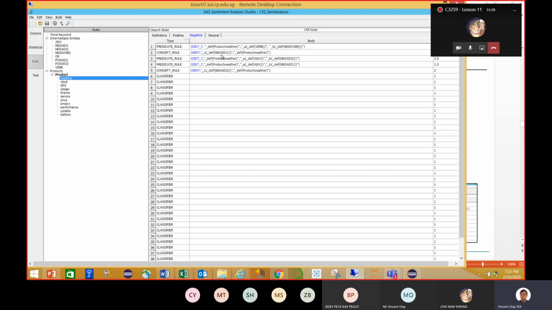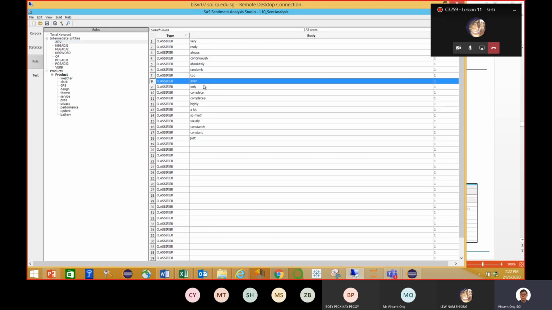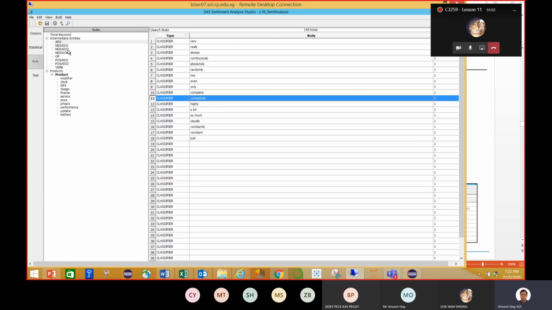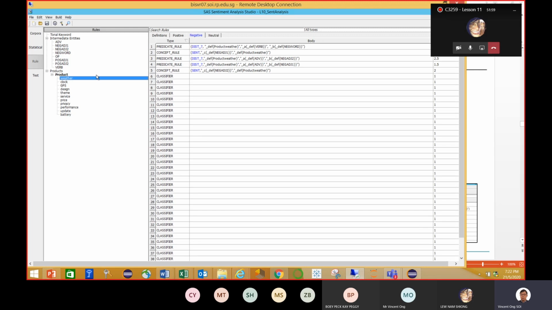So what does this contain? This is actually found in the intermediate entity. So what is this? It consists of all these words. So it's like a reference, all right? The intermediate entity is a reference to the list of things.